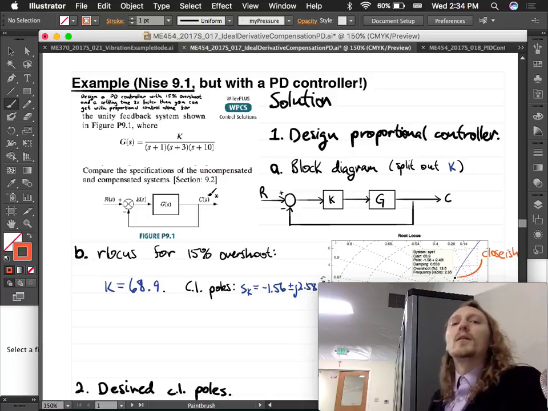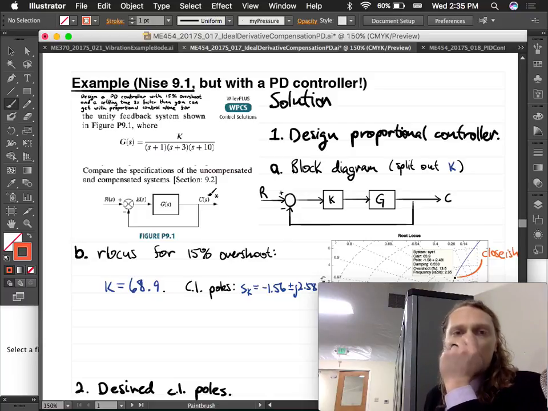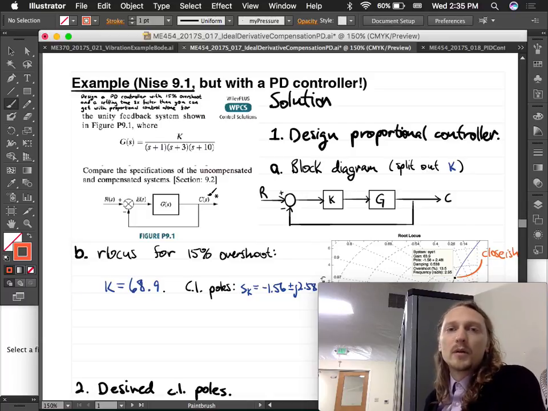So we're going to use the same plant to design a PD controller with 15% overshoot and a settling time 3 times faster than you can get with proportional control alone for the unity feedback shown. I don't think I included that requirement before, but yes, 15% overshoot.